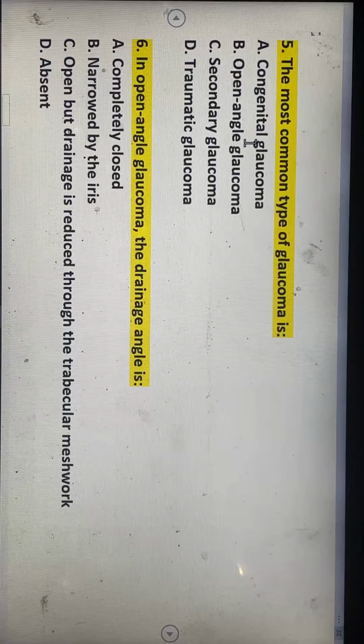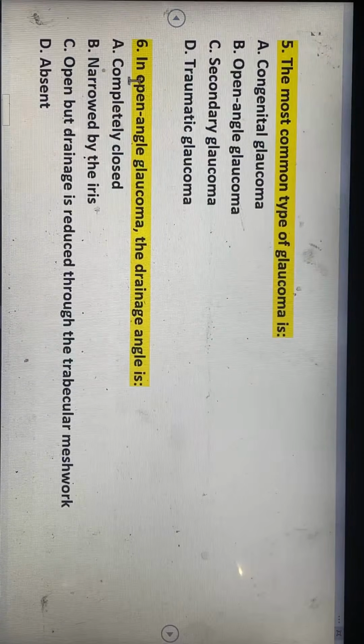So if you choose D, you are wrong. If you choose C, you are wrong. If you choose B, you are correct. So the most common type of glaucoma is the open angle glaucoma. Don't forget this.